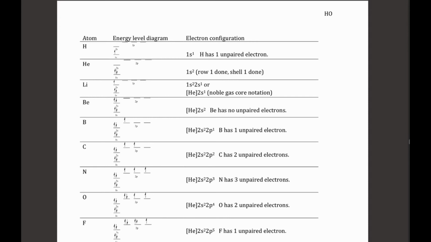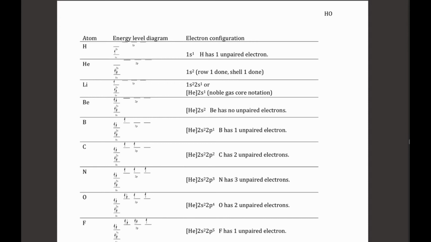Beryllium. So we have 4 electrons, and we put 2 in the 1s, and then we put 2, paired, in the 2s atomic orbital. The electron configuration of beryllium is [He] 2s2, no unpaired electrons. Boron, 5 electrons. So we put the 5th in the 2p atomic orbital.